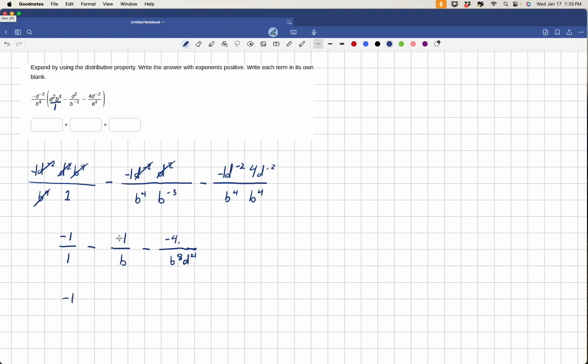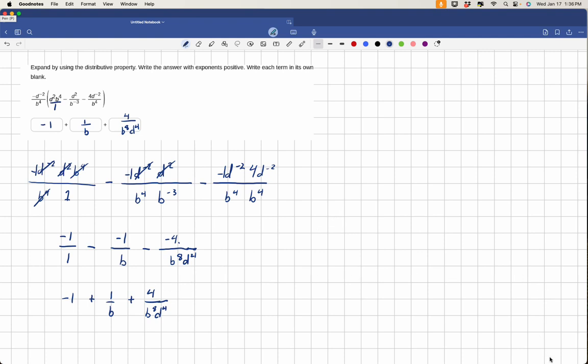And now I have a negative times a negative, so that's going to be a positive 1 over b. Negative times a negative, that's going to be a positive 4 over b8 d4. And that should be your answer. You should be able to put a -1 here, 1 over b here, and 4 over b8 d4 here. I think that's right. Because it's looking for 3 terms, that would be the thing that makes the most sense to me. All right, so there's that for that problem.